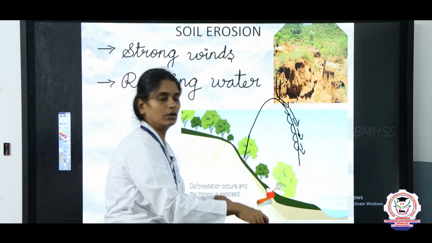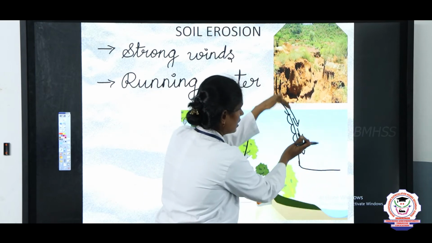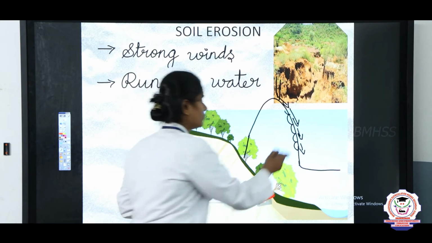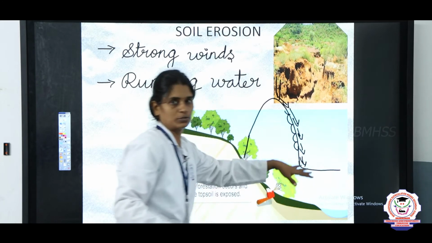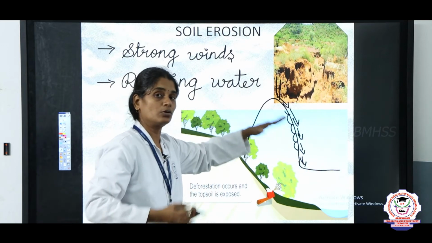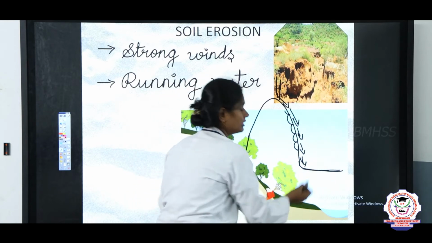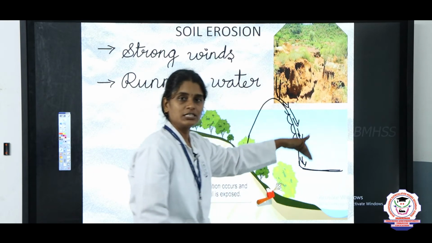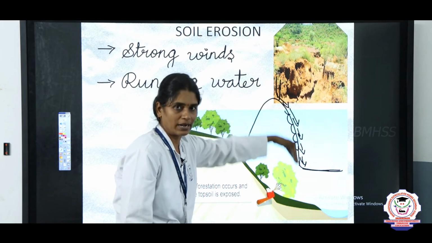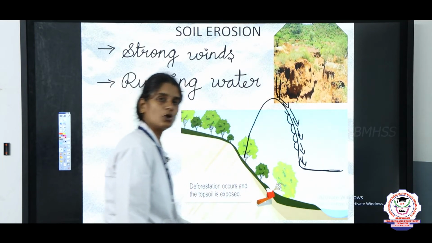When the water goes down into the slopes, it takes off more soil along with it and deposits it in the hilly slopes. Thereby the slopes are not fit for cultivation. We cannot grow plants or do any agriculture in the slope areas because there may be chances for soil erosion because of the high speed of running water. So running water is also a cause for soil erosion.